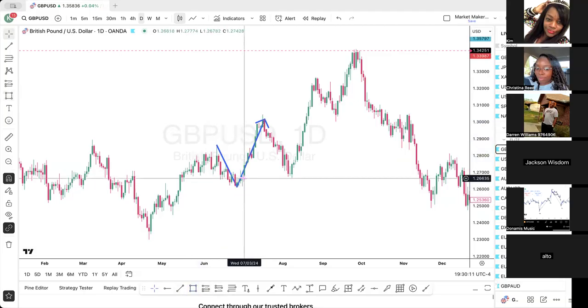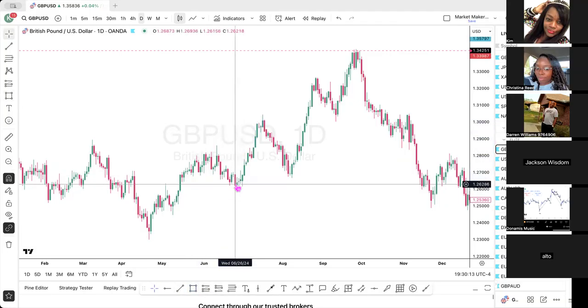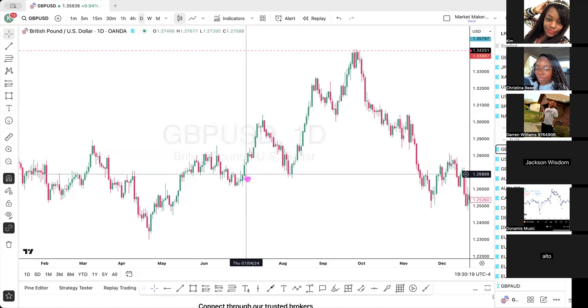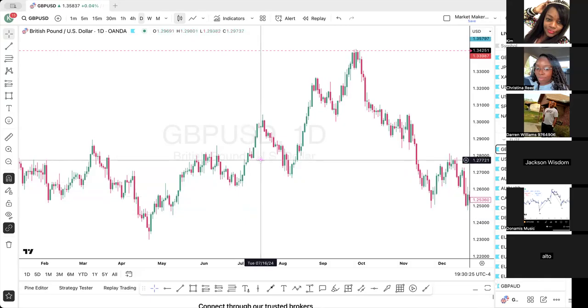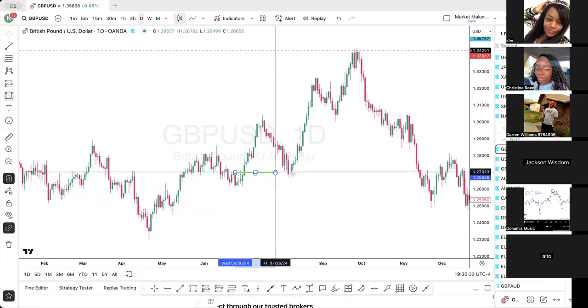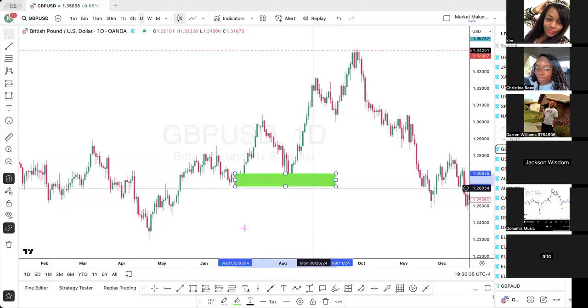I personally look for the last down candle before the up move. Whether that's an order block, because an order block is a bearish candle and then a bullish candle, or a bullish candle and then a bearish candle. So I look for the last down candle before the up move.